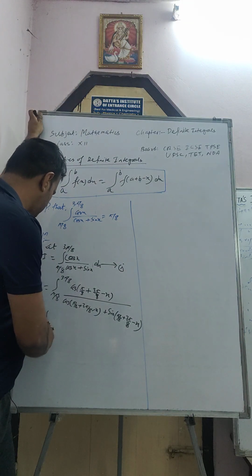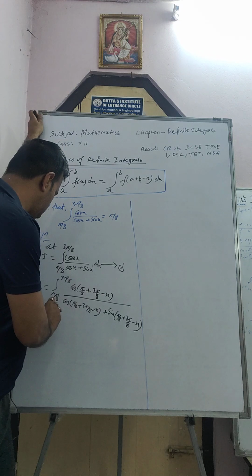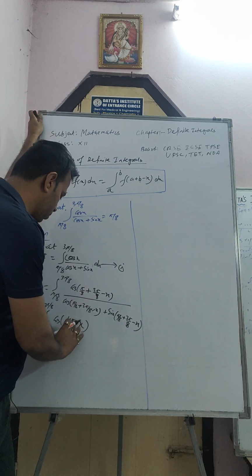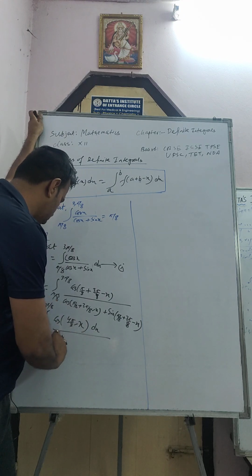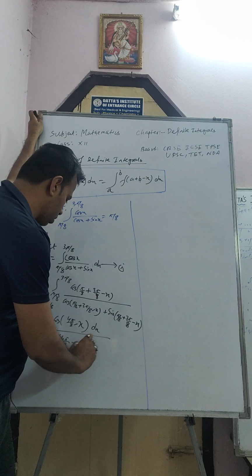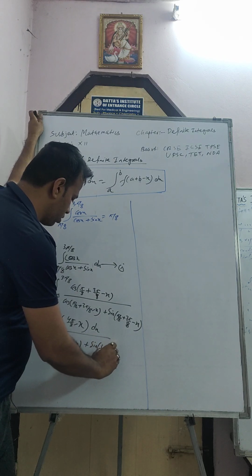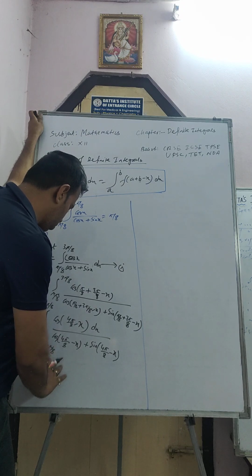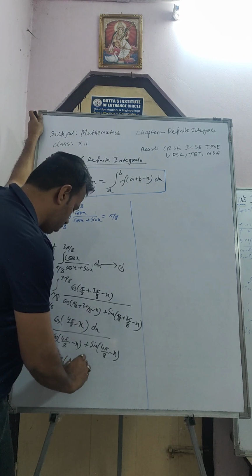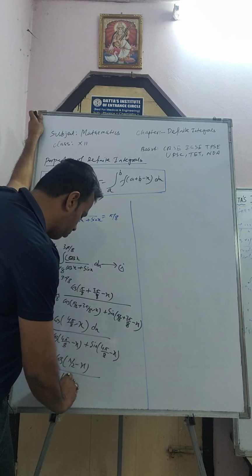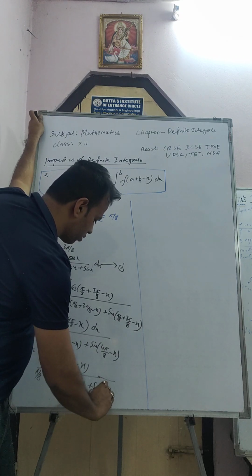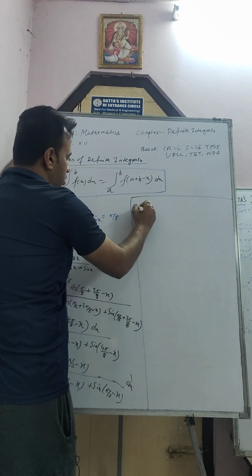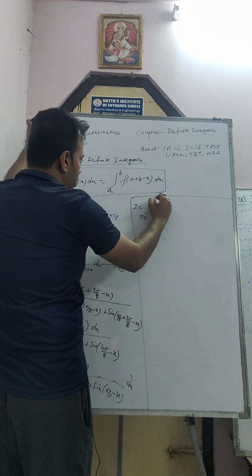Now this becomes cos of (4 pi by 8 minus x), that is cos of (pi by 2 minus x), and here sin of (pi by 2 minus x) dx.